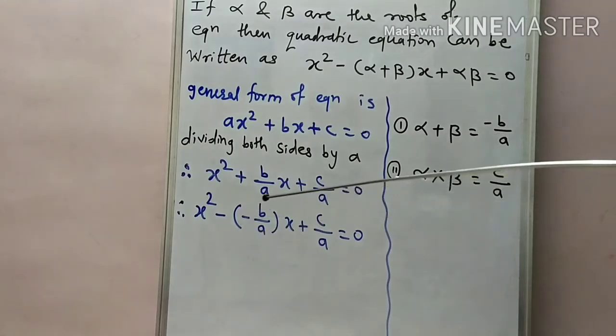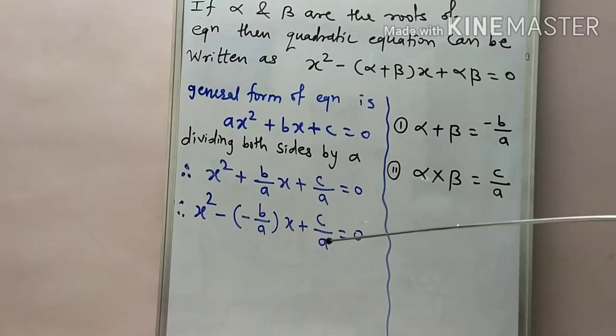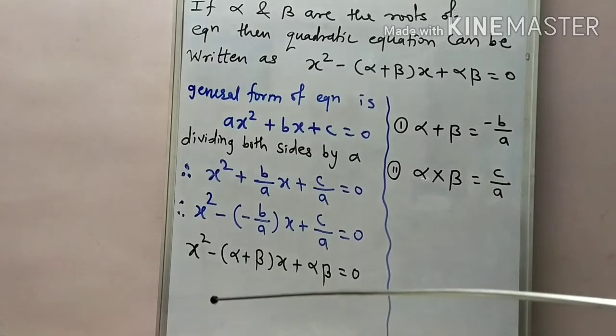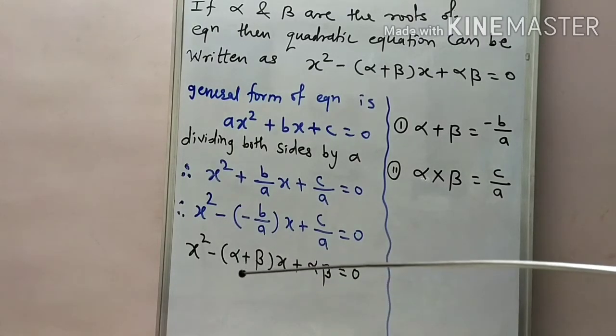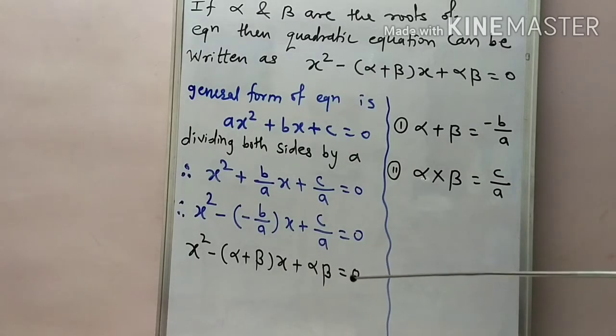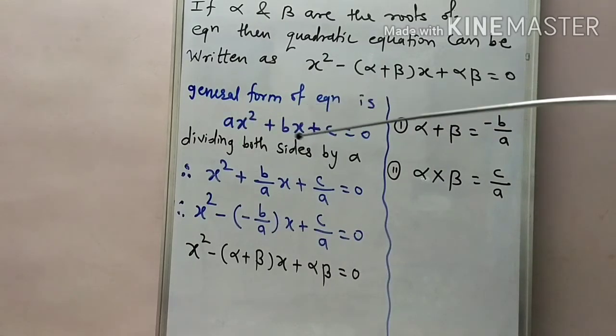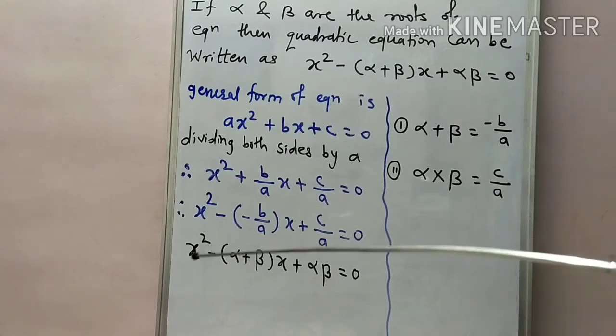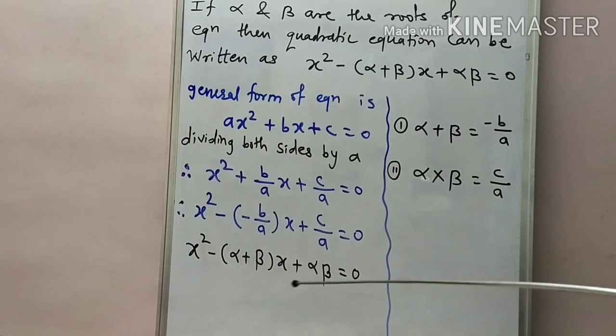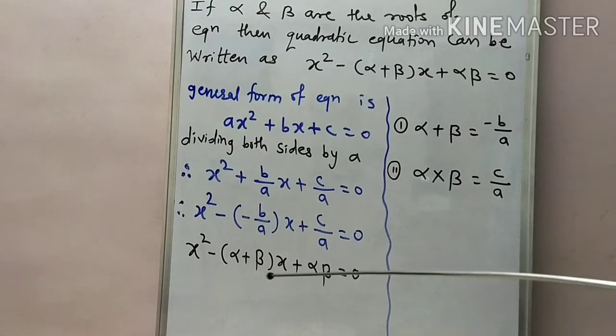So in this bracket we change it as alpha plus beta, and c upon a as alpha into beta, and hence we get the equation x square minus of alpha plus beta into x plus alpha beta is equal to 0. So this is the general form in terms of a, b, c, and this is also a general form in terms of alpha and beta, means the roots.